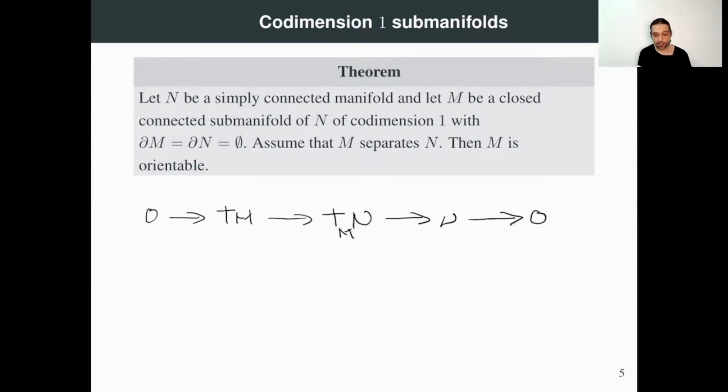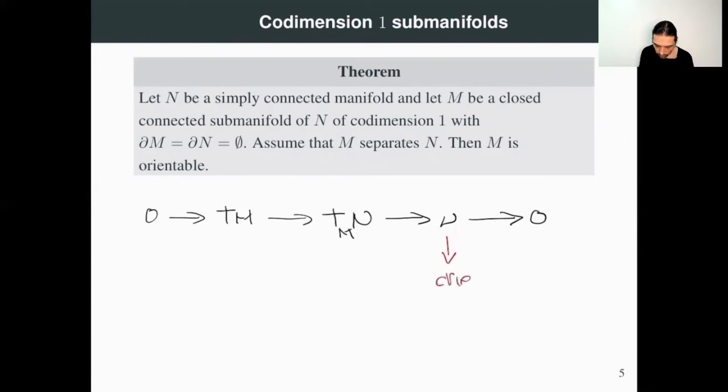And now our goal is proving that this vector bundle over here is orientable, right? But the first thing that we can realize is that as a consequence of the previous result, and since M separates N, the normal bundle of M in N is orientable and then trivial, but in particular orientable.